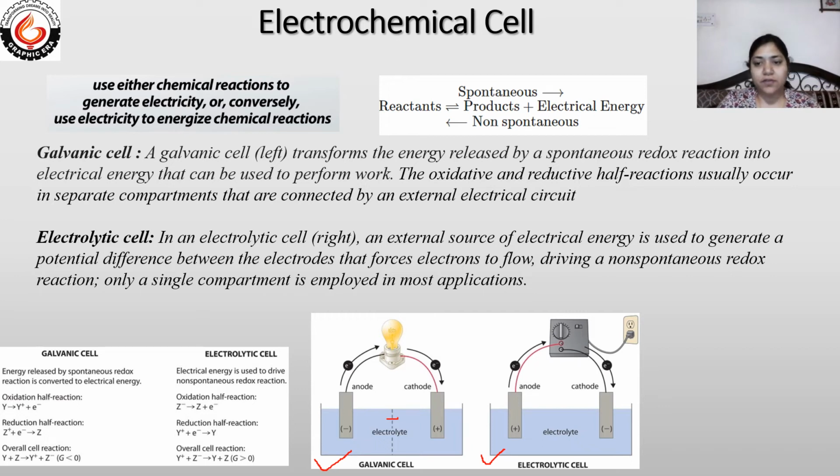On the basis of that, these electrochemical cells are divided into two different types of cells, galvanic cell and electrolytic cell. In galvanic cell, the chemical energy is converted into the electrical energy, whereas in electrolytic cell, due to the electrical energy, some chemical changes occur. So these are two types of electrochemical cells.